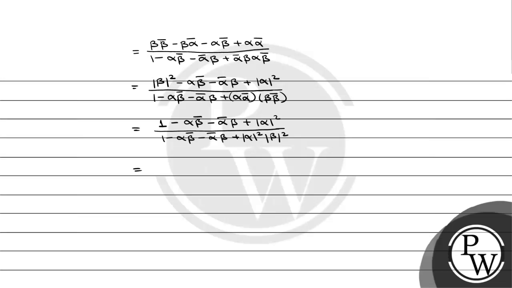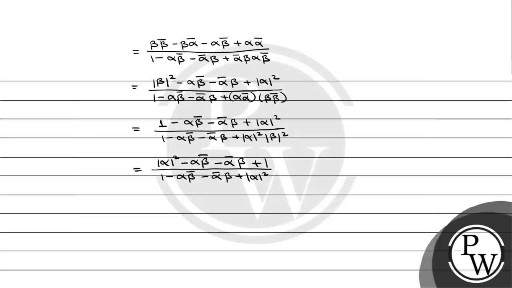Rearranging the numerator, we get modulus of alpha square minus alpha beta conjugate minus alpha conjugate beta plus 1. In the denominator we have 1 minus alpha beta conjugate minus alpha conjugate beta, and modulus of alpha square is there, and modulus of beta we have got as 1, so square of 1 is 1 only.